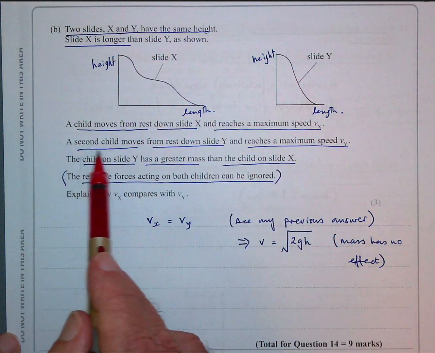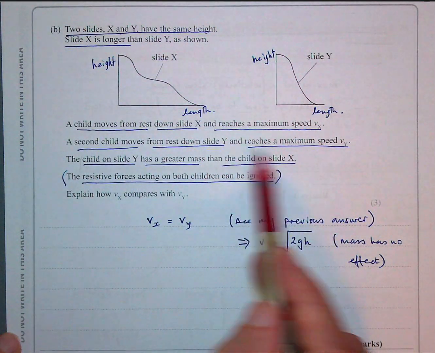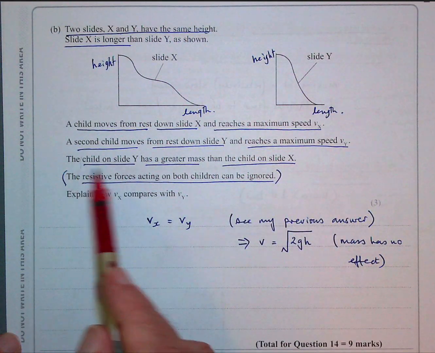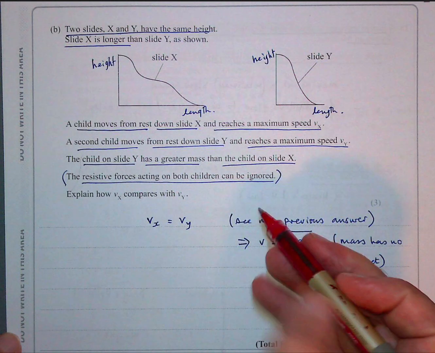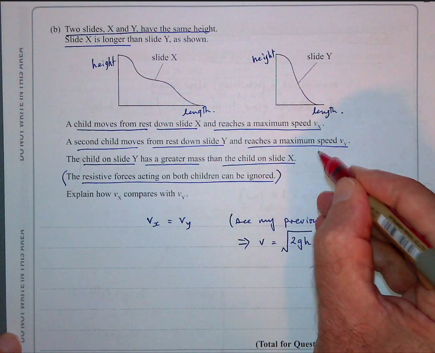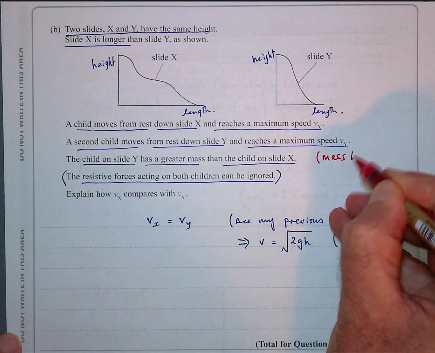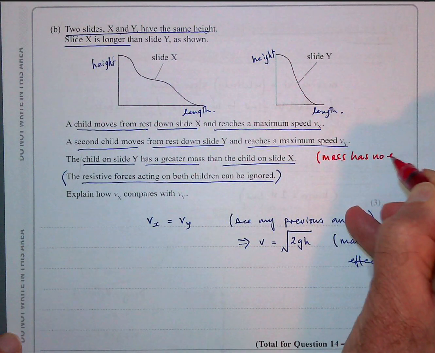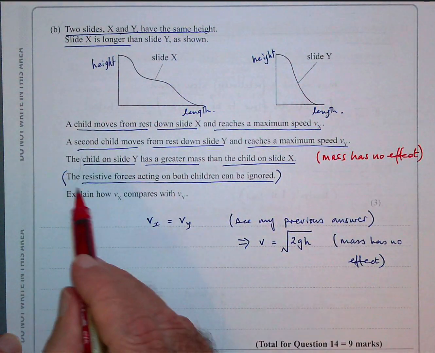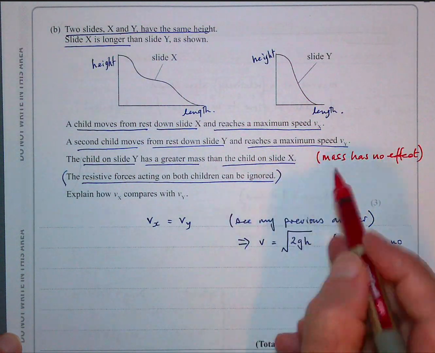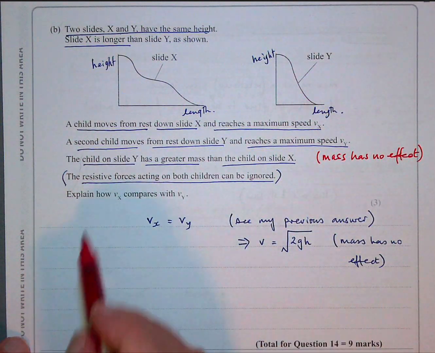And the second child moves down slide Y and has a maximum speed of Vy. The child on slide Y has a greater mass than the child on slide X. But remember, mass has no effect. Yes, what I showed you. The resistive forces acting can be ignored, and mass can also be ignored, and that's what the question is about.